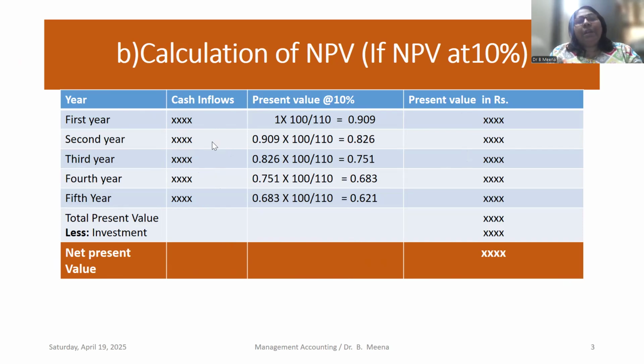For the second year I'm getting this much cash inflow, so what is the present value of the second year cash inflow? Likewise, I can multiply the future cash inflows with the present value factor, either for the first year or second year or third year or fourth year or fifth year. These values must be multiplied with the respective cash inflows to calculate the present value.